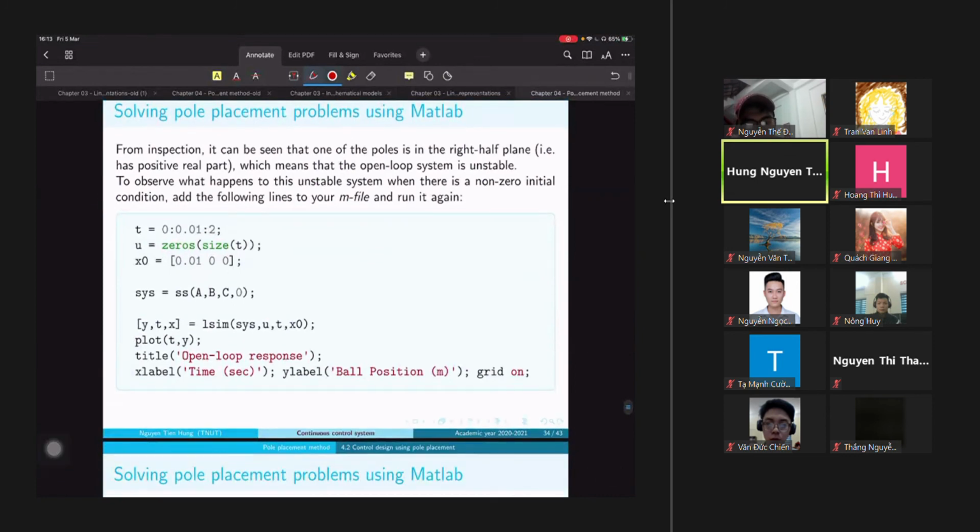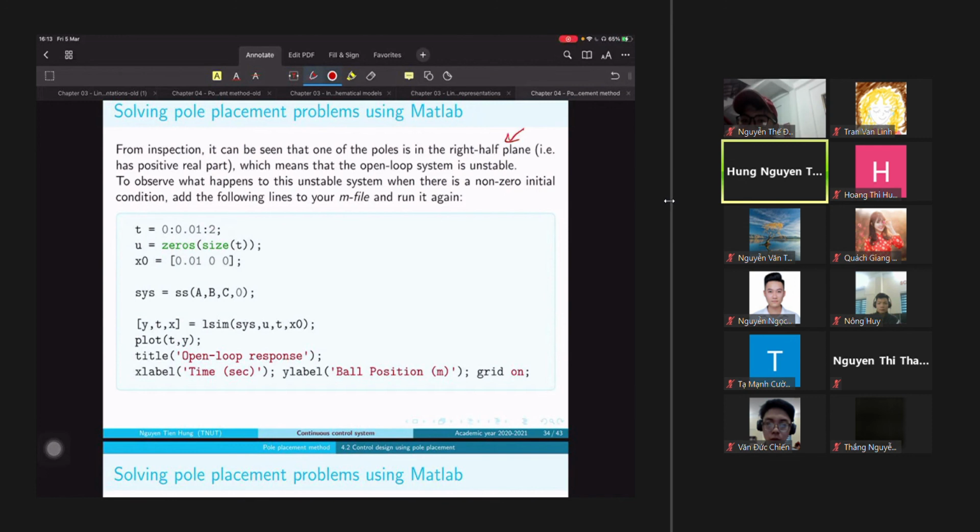This is another way we can look at the open loop system. Here we explain more: one of the poles is in the right half plane.